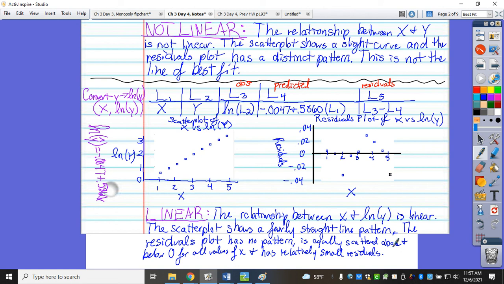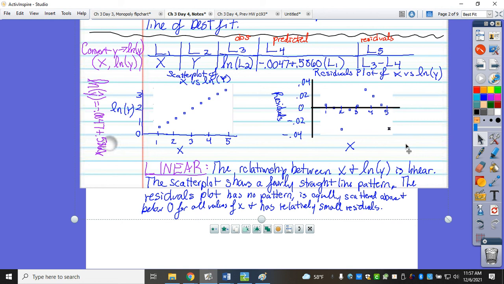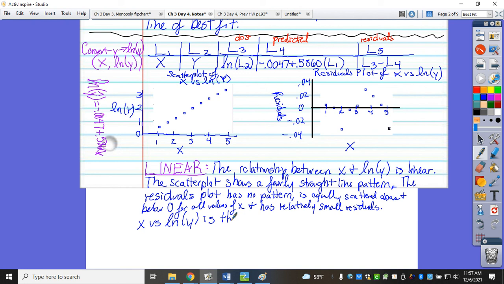So, x versus ln of y, I might have to go to another slide. I'll just slide it all up. So x versus natural log of y is the line of best fit.